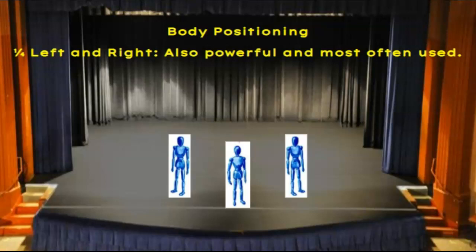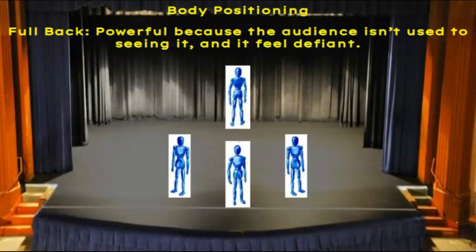You don't want to go profile, right? So if two performers are talking to each other, they don't want to stand profile because that gives the audience just your side. And no audience wants to see a bunch of just sides of people. So you generally stand to a quarter left or the quarter right, whichever way is facing the other performer you're talking to, and you deliver your lines that way. It's also called cheating out.